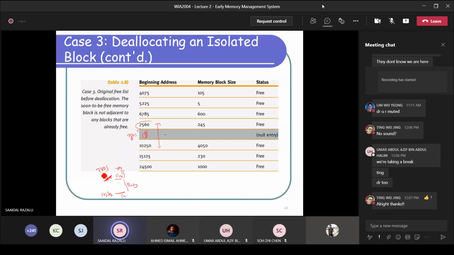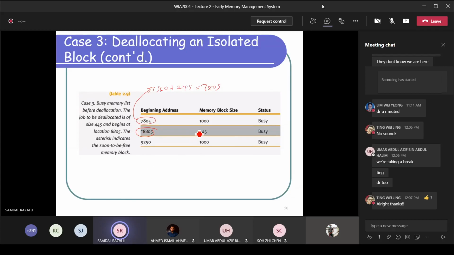Starting from 7805, this one is busy. 7560 is free, but starting from 7805, it is busy. So we have here the soon to be free block at 8805. The address is 8805.